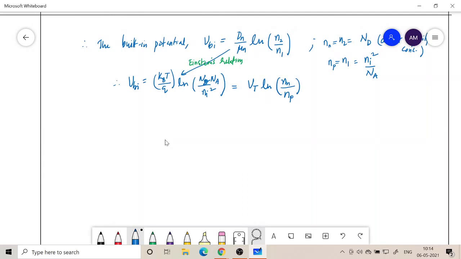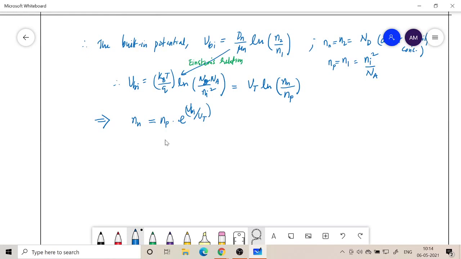Okay. So that's basically, if you invert this relationship, we will get n is equal to np into e raised to VBI by VT.